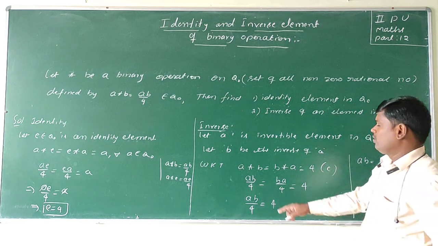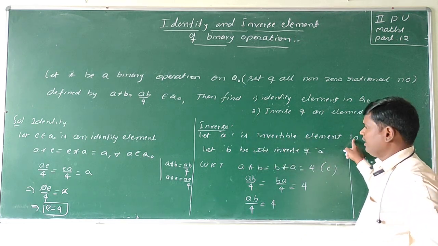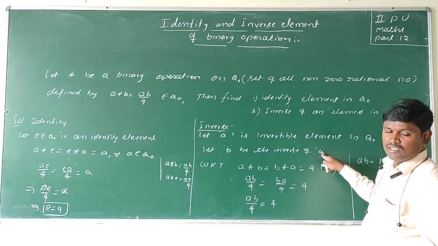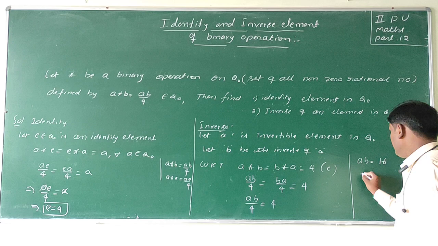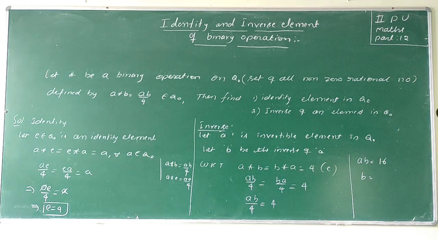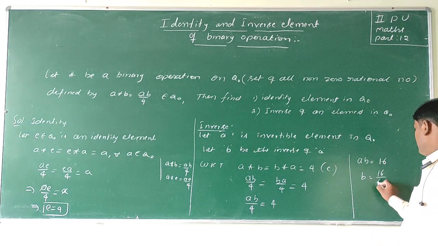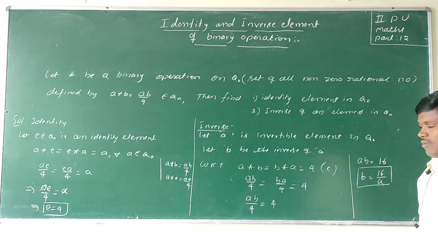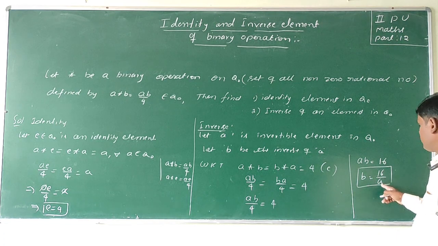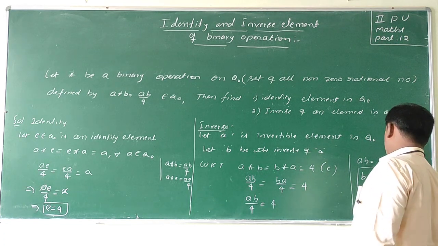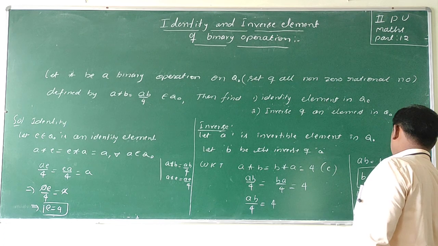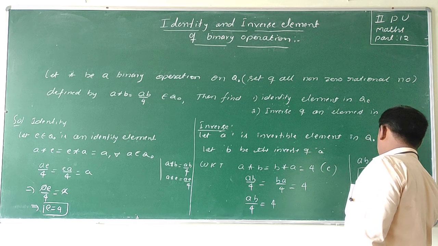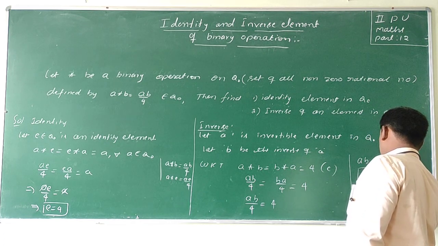A is the invertible element, B is the inverse of A. So we need B, which is equal to 16 by A. So this is the inverse element of this binary operation star.